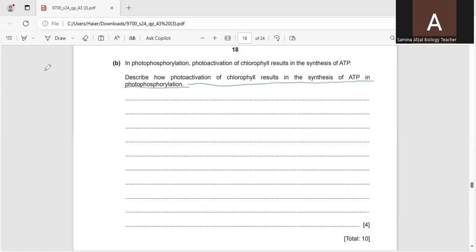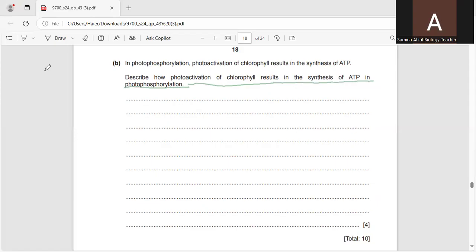So photophosphorylation is the process by which light energy is used to generate ATP. So the energy currency of life, the ATP. So this process occurs within the thylakoid membrane of chloroplast and involves a series of steps. And during these steps, you know that the photoactivation of chlorophyll takes place.